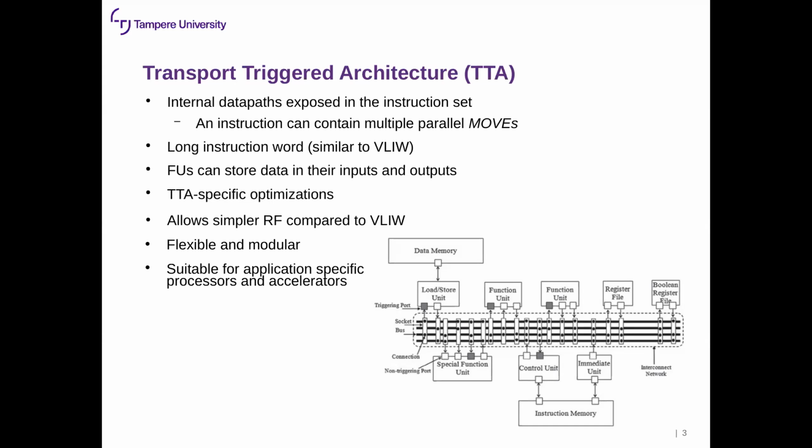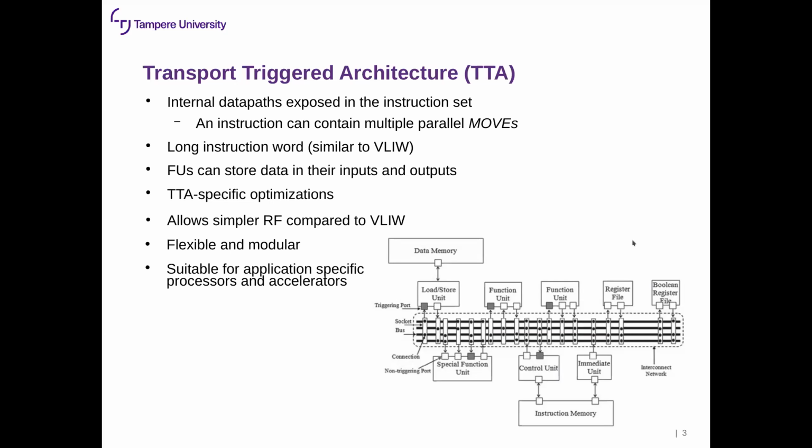The TTA model is also quite flexible, since, for example, I could add 20 more function units to this core, and I wouldn't need to do anything else to make it a functioning core. Well, it might not make sense to do that because you only have 4 buses here, so you wouldn't be able to move data between those things. But anyway, it's highly customizable in this sense.